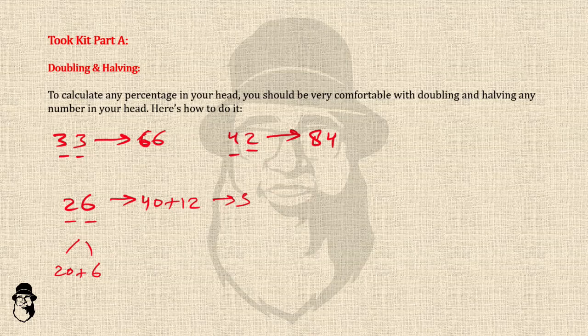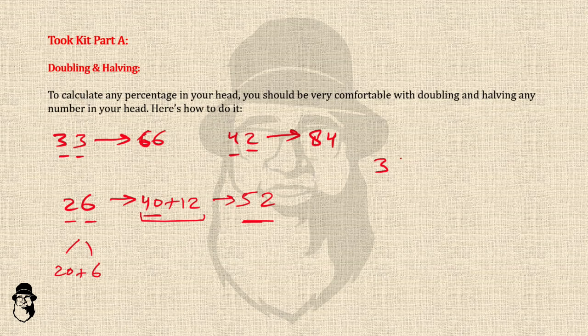We get 52, and that's how we do it in our mind. We double 20 to get 40 and we keep 40 in our mind, we remember it, and then we double 6 to get 12. 40 plus 12 in our mind will be 52. I am writing just for the sake of completing it here in the video so you can see what's happening in the mind, but we can do it mentally.